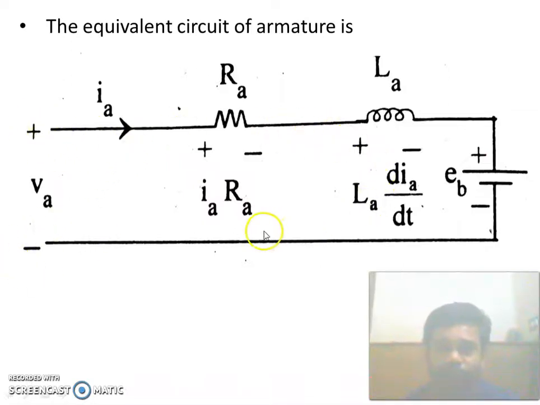Now we are going to apply Kirchhoff voltage law to this loop. Here positive to negative is taken as positive and negative to positive is taken as negative.